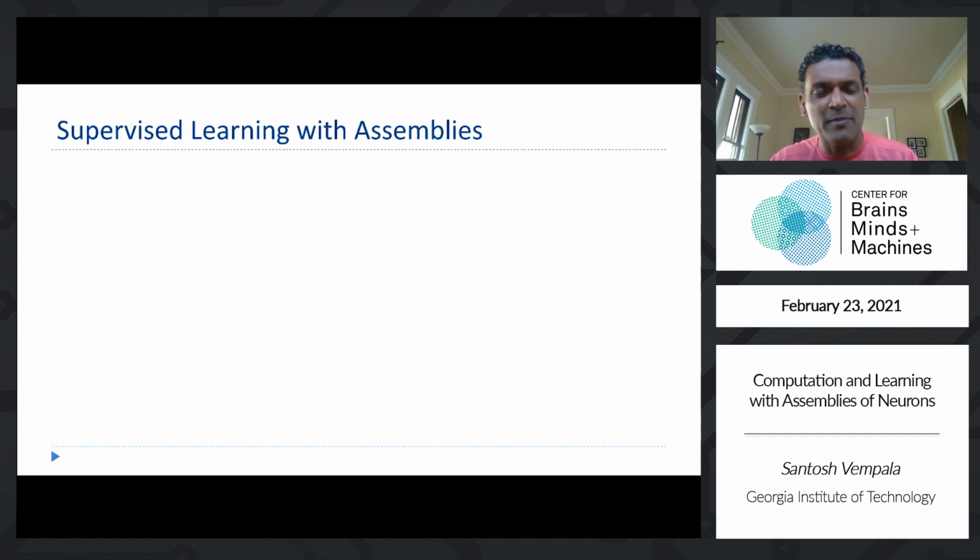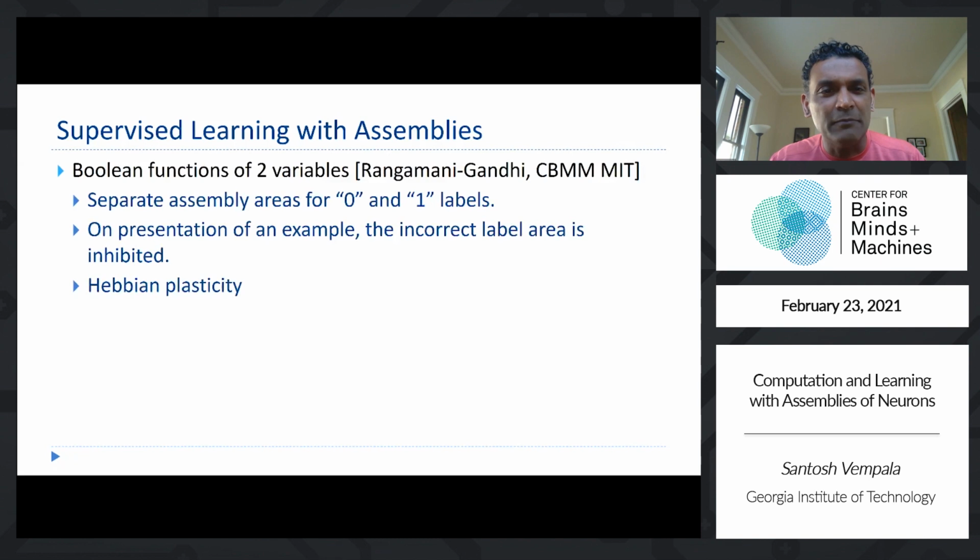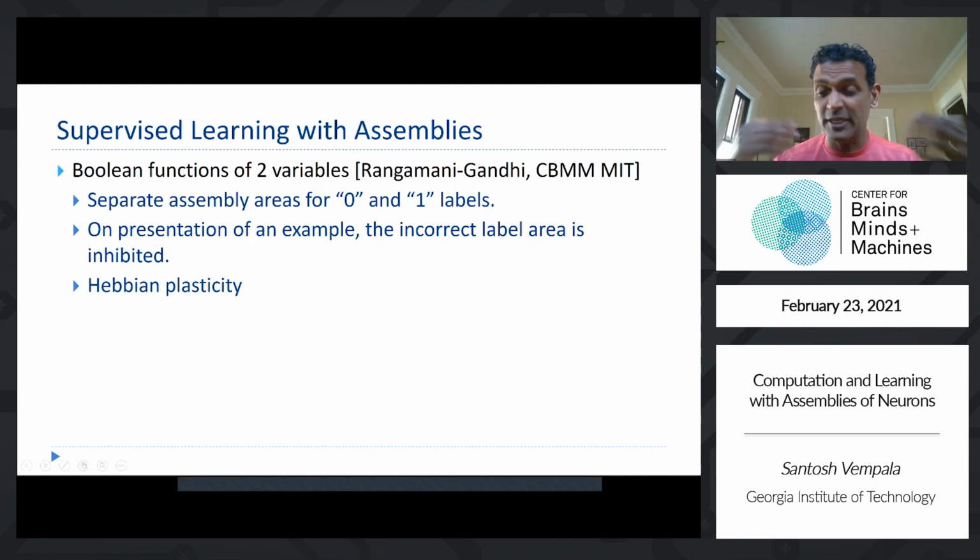But first, let me tell you something that came out of CBMM, where Rangamani and Gandhi showed how you could learn Boolean functions of two variables. Basically, their idea was, let's have assembly areas for labels. So each label, in this case 0 and 1, will have separate assembly areas, brain areas.